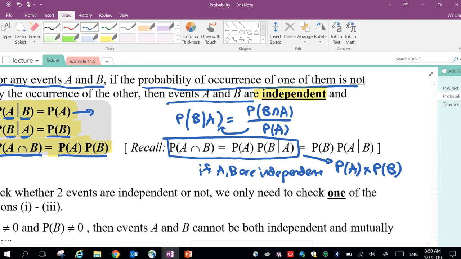So this is what it means by independent. Pick one of the three to show independence. I think if you go straight to an example it would be better, so let's go on first.